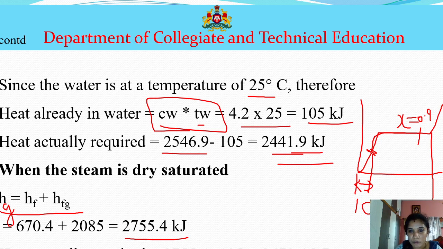Since I am heating from 25 degrees Celsius, what I need to do is subtract this particular 105 region. For that, I'll do 2755.4 minus 105. So this is the value of enthalpy for dry saturated steam. I think you understood, right? So let's move on to the next one.